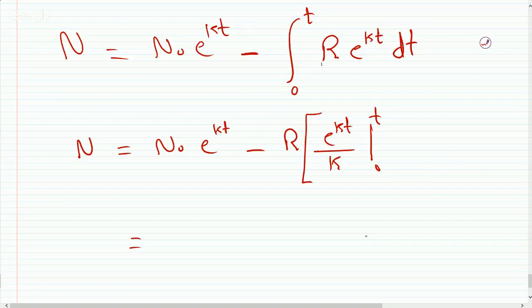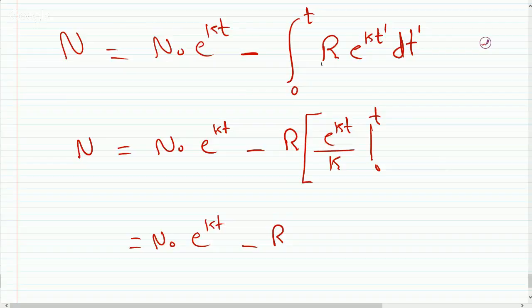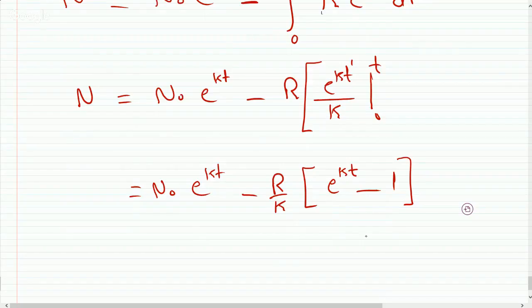So this becomes N0 e to the kt minus r. If you call the dummy variable of integration t prime, just so that it's different, and plug in t for t prime, let's take this k outside. So you would get e to the kt minus e to the 0, which is 1. So N of t would equal this.